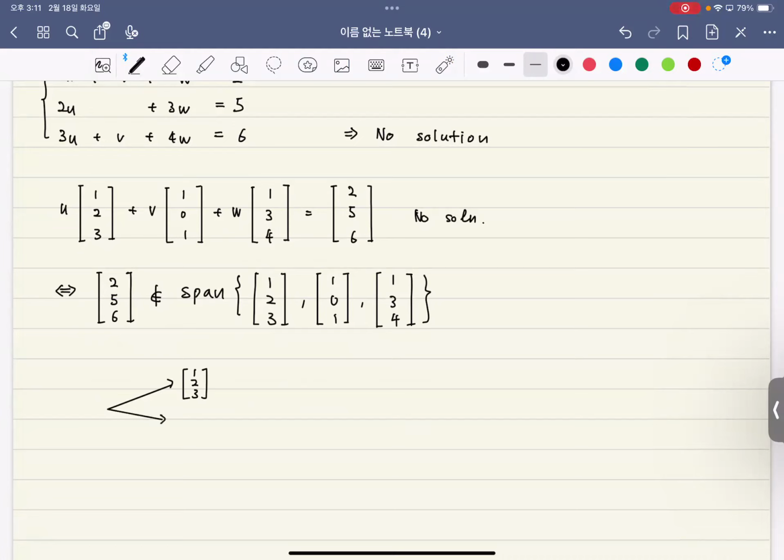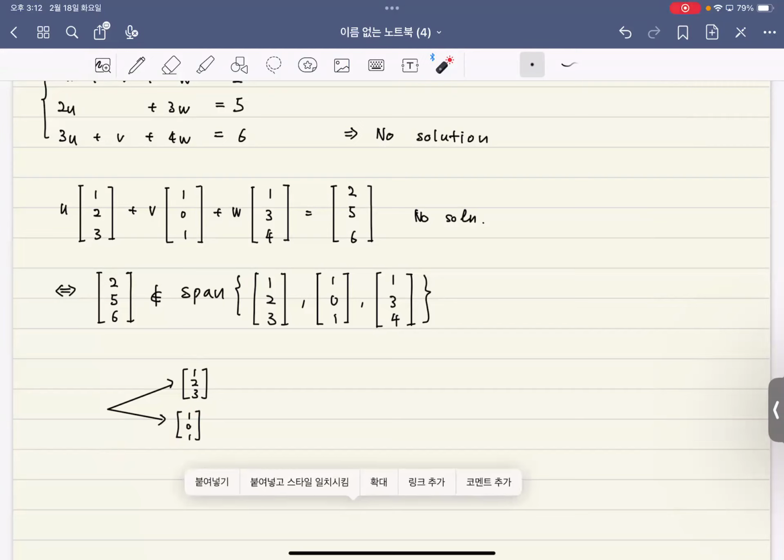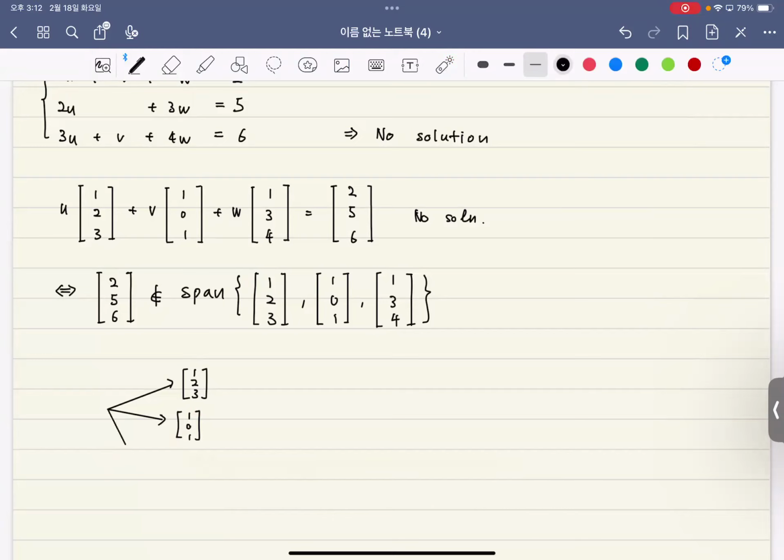And this is 1, 0, 1. And the last vector, 1, 3, 4, is contained in the 2-dimensional space spanned by these two. Is it true? I don't know.